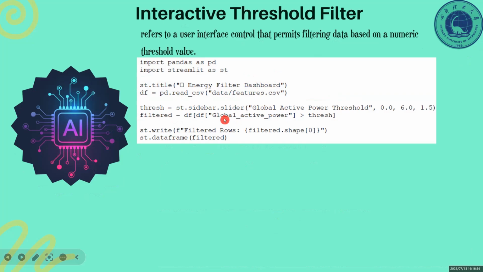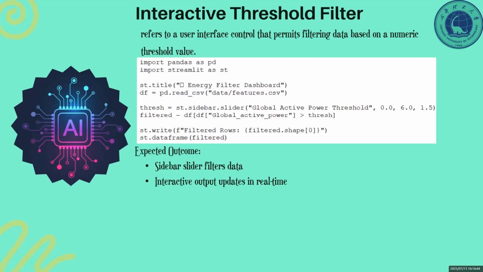Then you can write whatever you want here and then use st.dataframe to carry out the filter. So what could be the expected outcome? The sidebar slider will filter the data. It's also interactive and updates in real time.